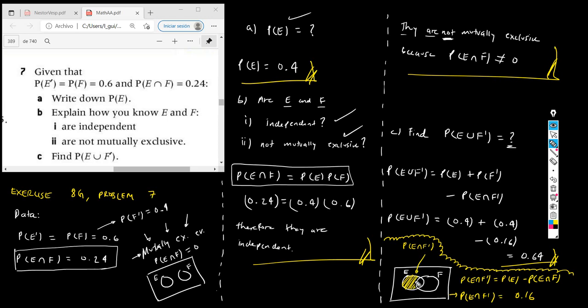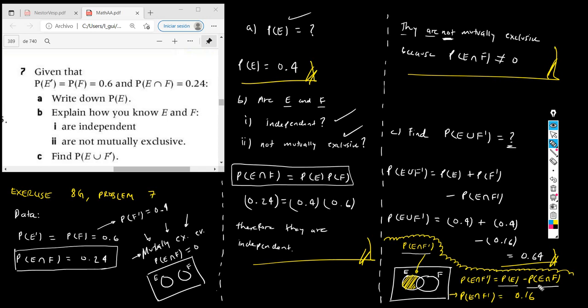And so if I can get this yellow area, then I'm going to be getting this probability. So visually speaking, how much is this area? Well, that's equal to the area of E minus the area of this intersection. The probability of E minus the probability of the intersection of E and F, which is this little bit.